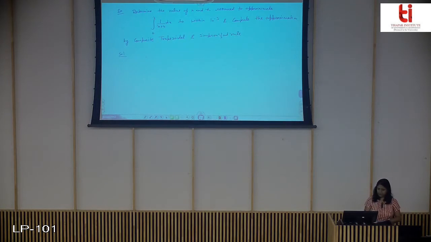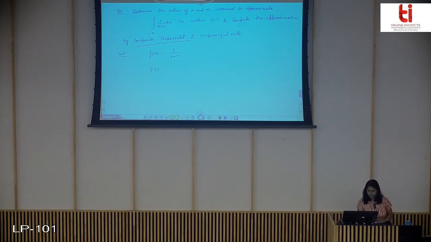So in this case, you have to compute the values of n and h to approximate this integration so that the integral value is within 10 raised to the power minus 4. You have to use the composite trapezoidal rule and Simpson 1/3 rule. f(x) is given here as 1 upon 1 plus x. What is the error in the composite trapezoidal rule?